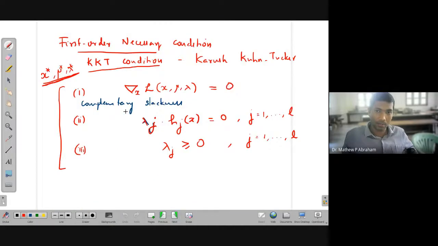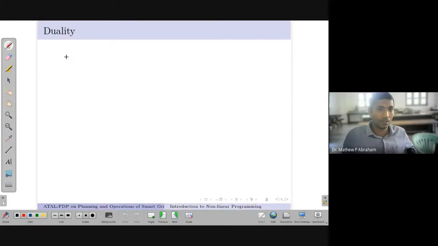So the decision variable x is called the primal variable, and the Lagrange multipliers lambda and mu are called dual variables.